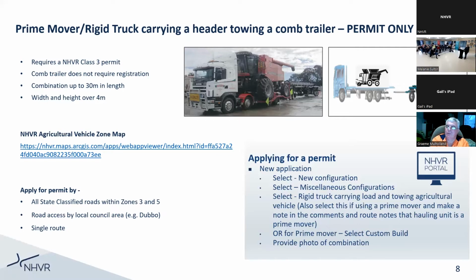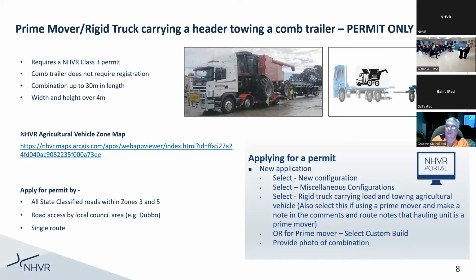When I just tow a dolly trailer on its own with the same unit, without the machine on the back, is that still part of the same permit, or is it a separate class? It comes under the Class 1 notice, so we don't have to have a separate permit to do that. Well, you may not need a permit, because if you comply with the Class 1 notice and the zone and the roads you require, you may not need a permit.